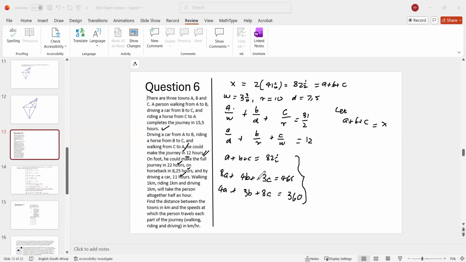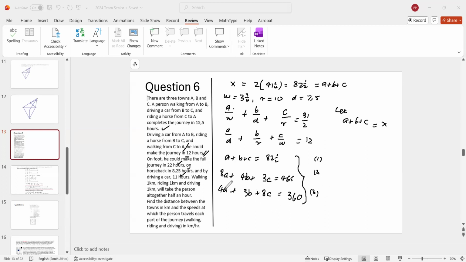So how do you solve 3 equations with 3 unknowns? Very similar to 2 equations and 2 unknowns. You'll have to eliminate one of them. So I've got A, 8A, and 4A. I can get rid of the A here. We call them 1, 2, 3.